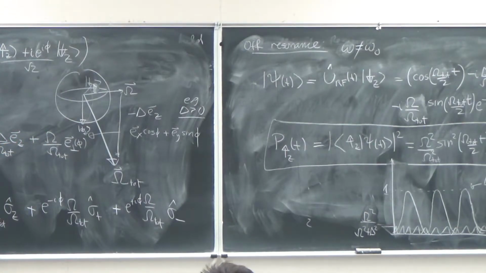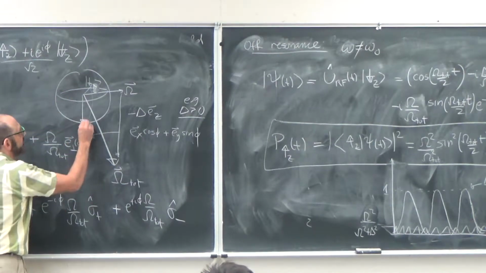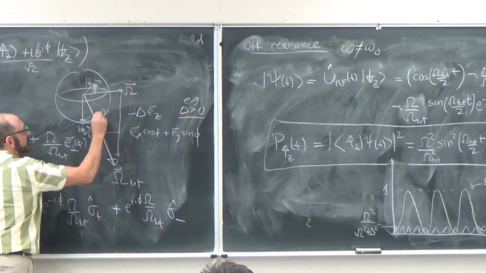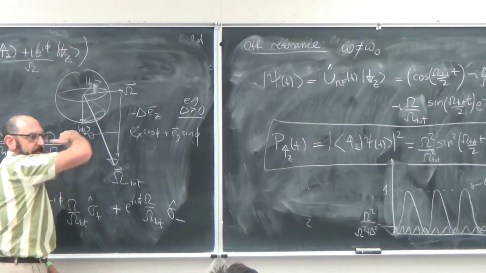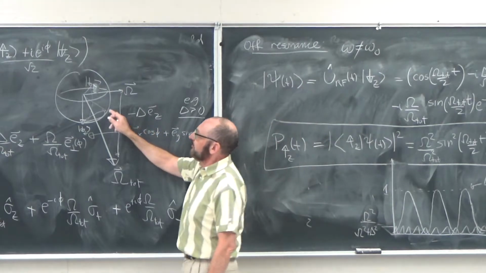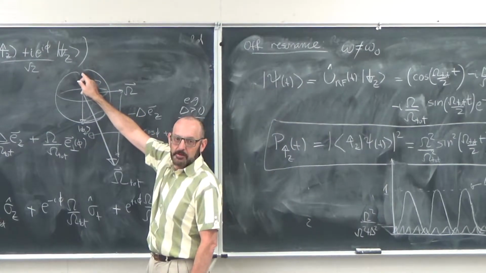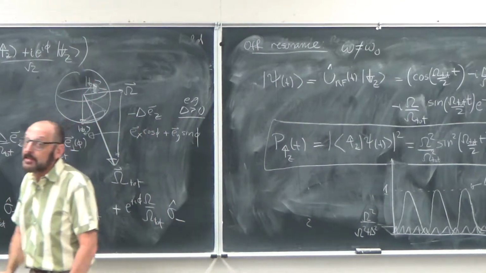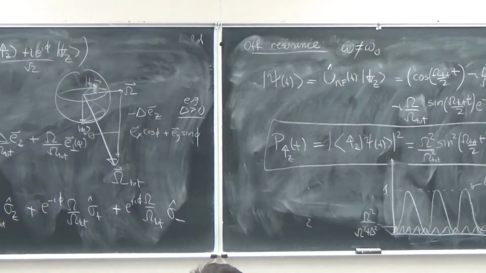So what happens to the spin? It precesses around this axis with the right-hand rule. And it never precesses such that it gets to the North Pole. Doesn't mean that there's no chance of being in the excited state. It just means the probability is never 100%.